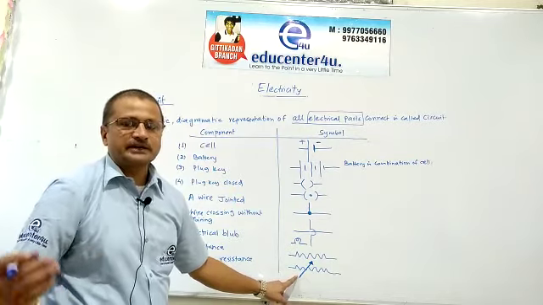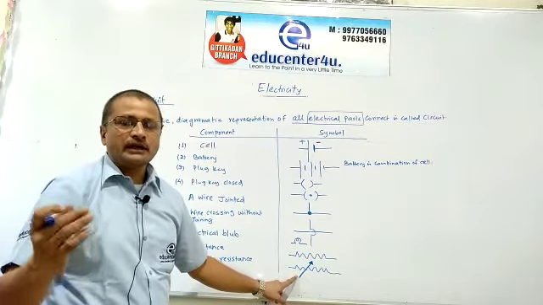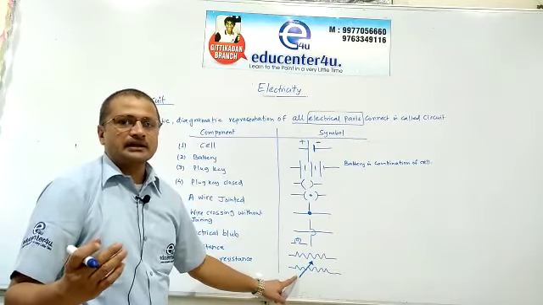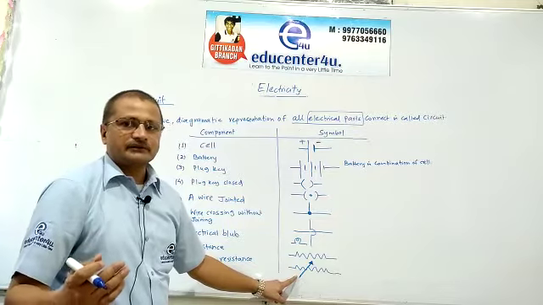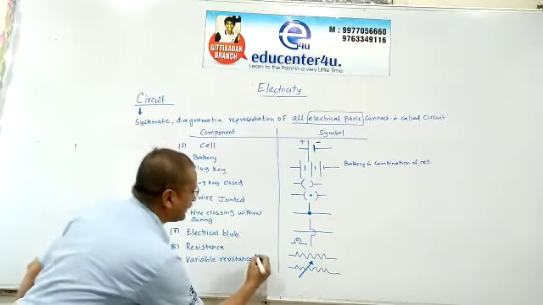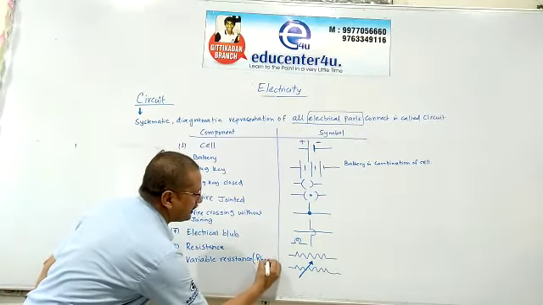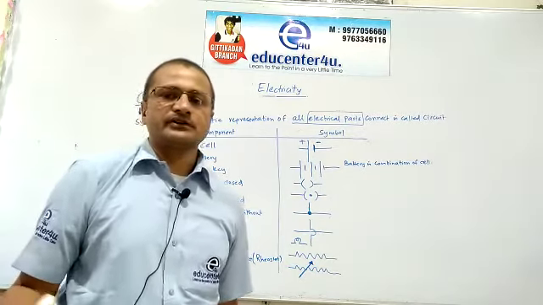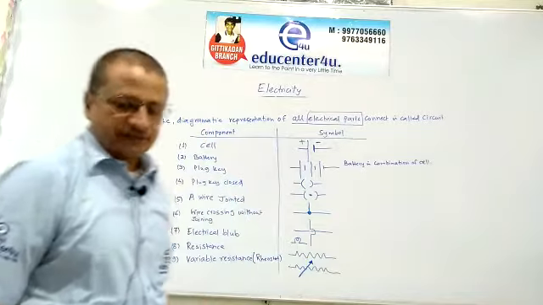Variable resistance means this is the instrument used for increasing or decreasing the value of the resistance. We will learn in the next video itself. So it is also known as rheostat. Rheostat is the instrument used for increasing or decreasing the resistance also.